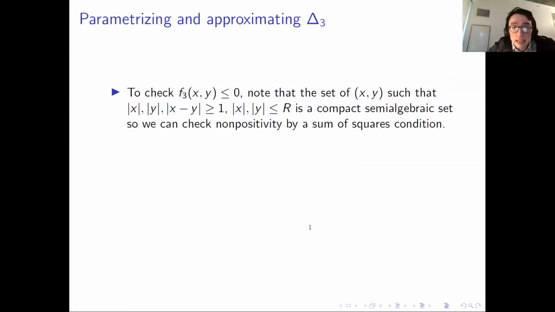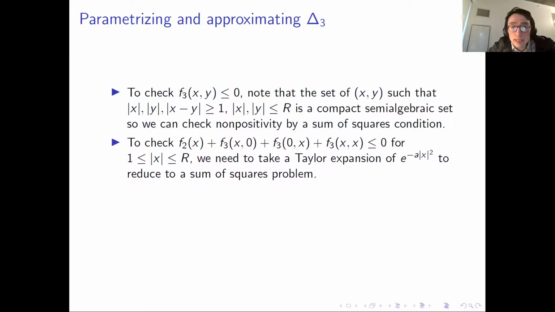And now for F3, for these two inequalities, we need to use sums of squares programming to check the inequalities on F3 and F2 and with F3. But we can do this by trying to write some polynomial as a sum of squares. And in this case with this last line, it turns out that if you're using this parameterization, you always get an extra Gaussian somewhere.